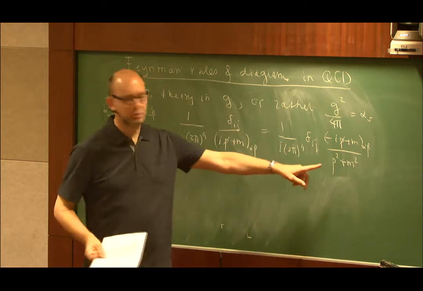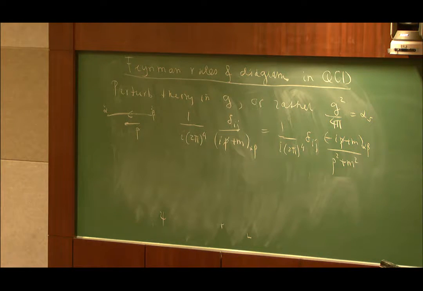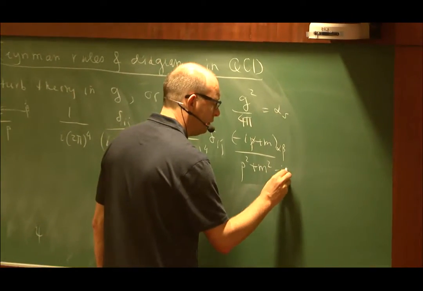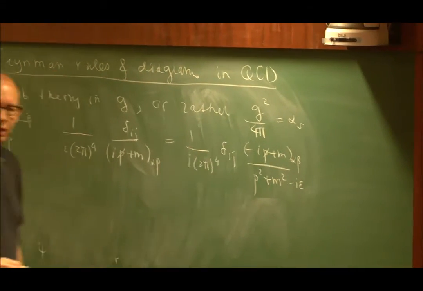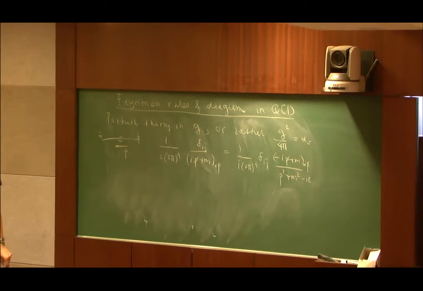The plus m squared is because of the metric choice. For those of you in the know, you can always think here of a very small imaginary part for making sure that the poles are not exactly on the real axis.